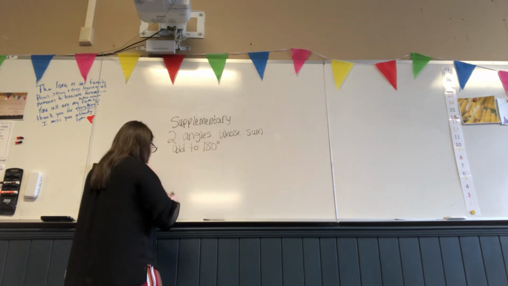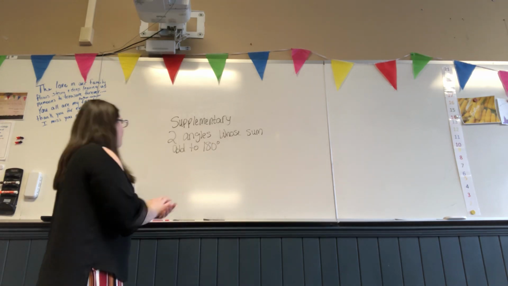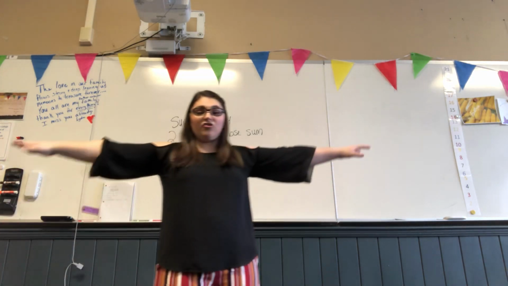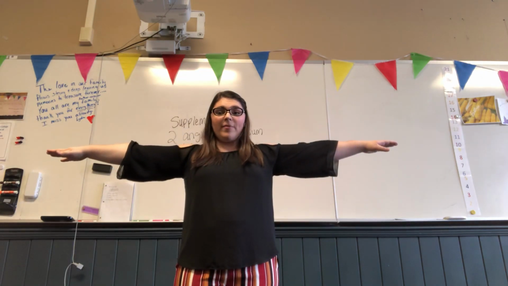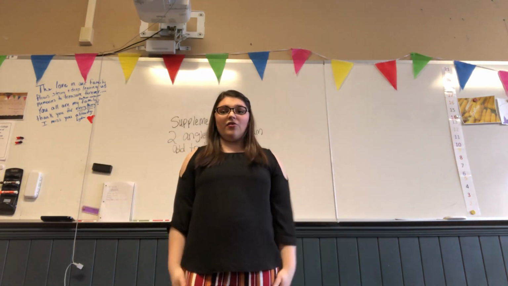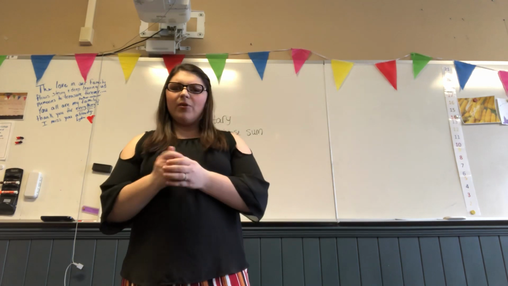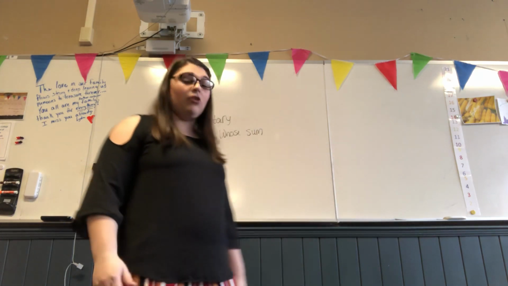So if you can remember, think back to supplementary as a straight angle. Supplementary is straight. So if you can kind of put those 2 together, supplementary straight, complementary corner. So complementary and corner start with a C. Supplementary straight starts with an S, and a straight angle is 180 degrees.